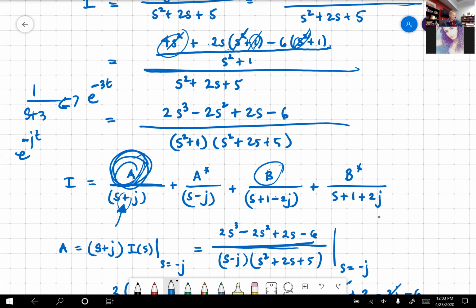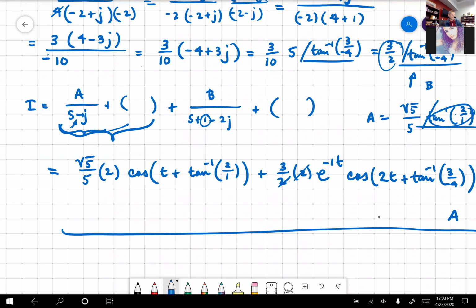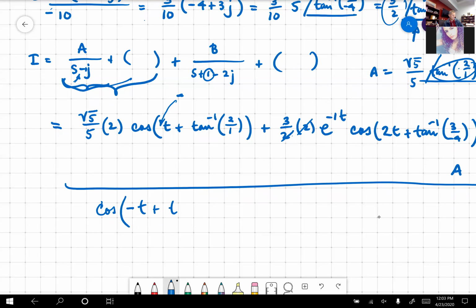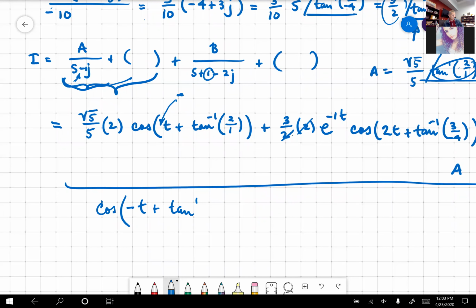Well, the problem with that is we need this number right here to be part of, scroll all the way down now for all this work. So when we do it, that number needs to come right in there. So it needs to be a -1 in there. And so how does that affect the overall problem? It would be the cosine of -t plus the tan inverse of 2 over 1.